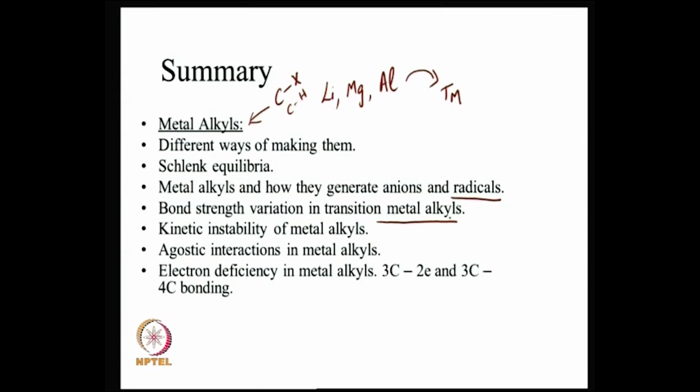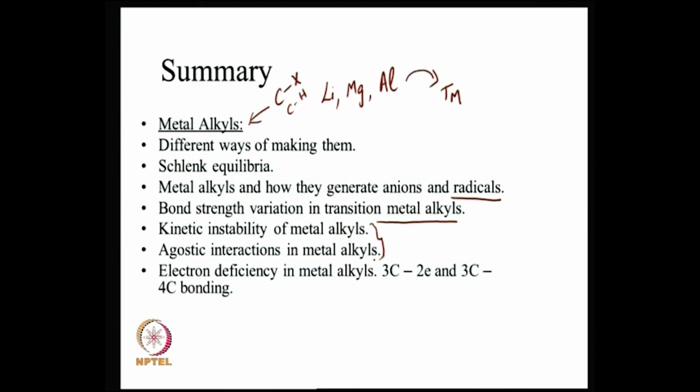In the case of transition elements and their alkyl compounds, we have kinetic instability. This kinetic instability is because you have a beta hydrogen. We can have agostic interactions of the beta hydrogen with the transition metal, and that in turn leads to instability or decomposition pathways, and so it is difficult to make transition metal alkyls with a beta hydrogen unless they have a saturated metal center.